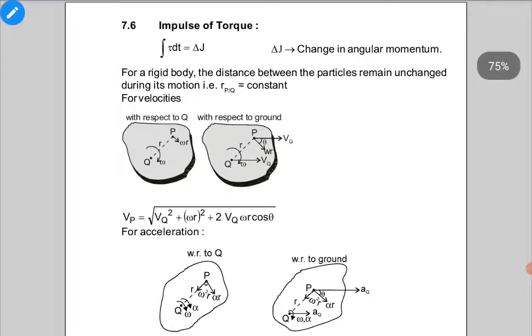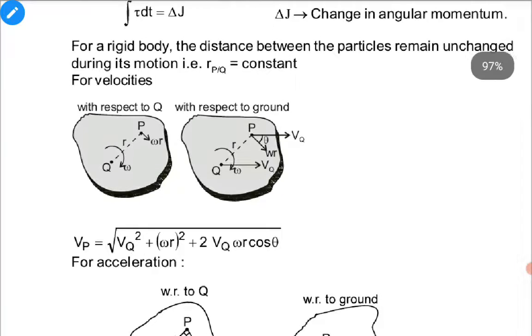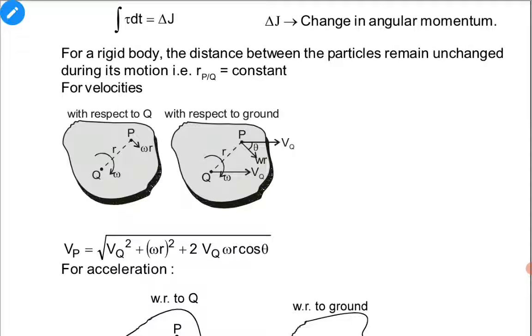Impulse of torque: the integration of torque into dt equals delta J, where delta J is the change in the angular momentum. For a rigid body, the distance between the particles remains unchanged during its motion, that is r_PQ equals a constant.